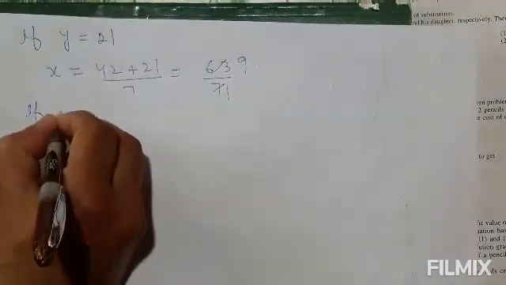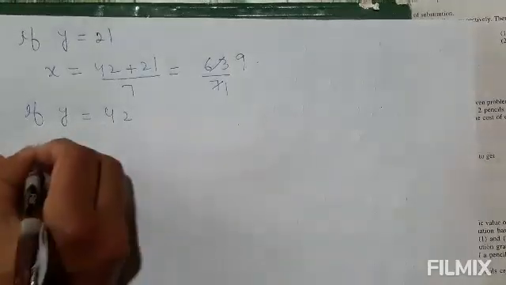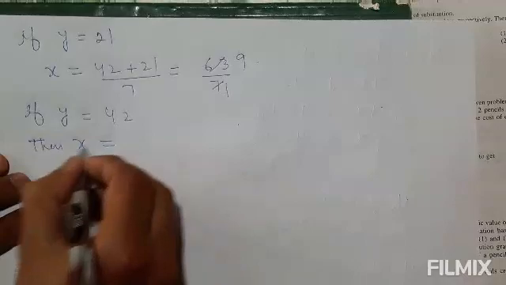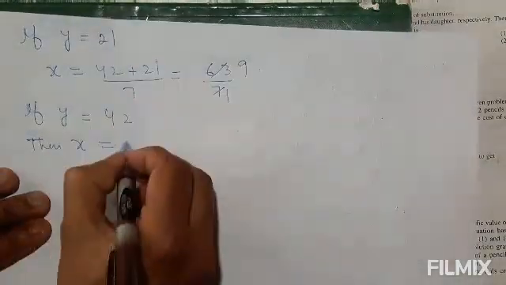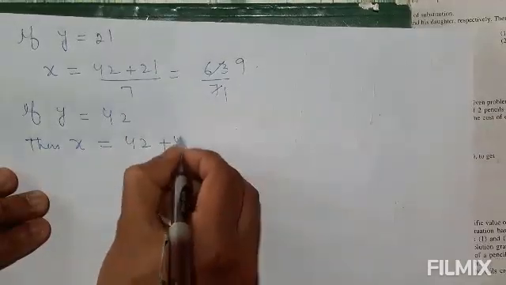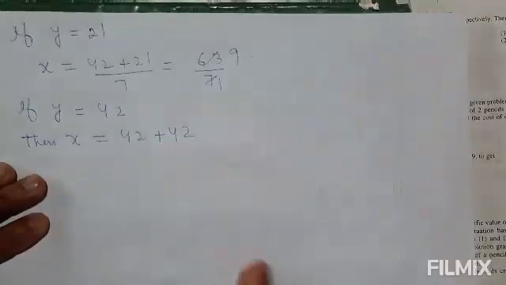If y is equal to 42, then x is equal to 42 plus 42 divided by 7, because here the value of y is 42.